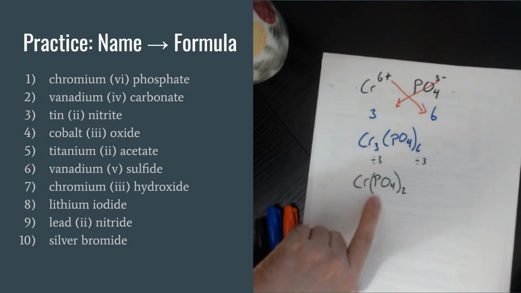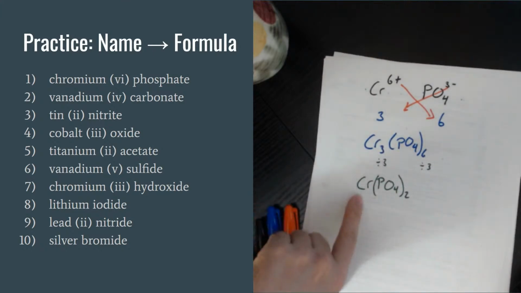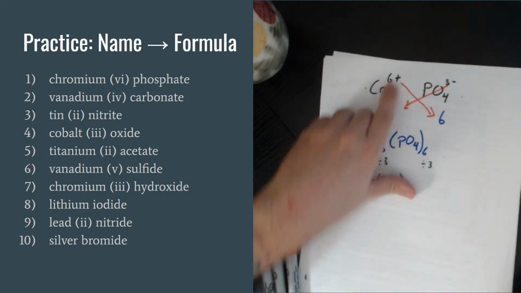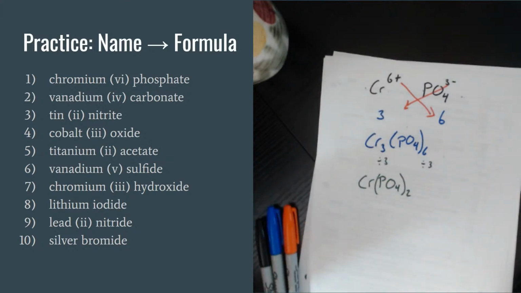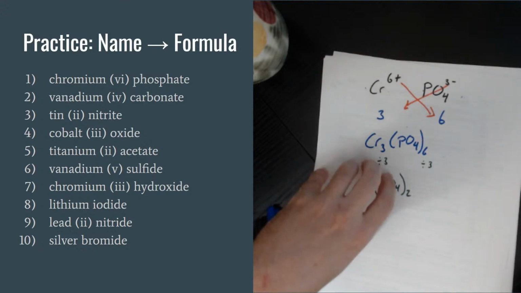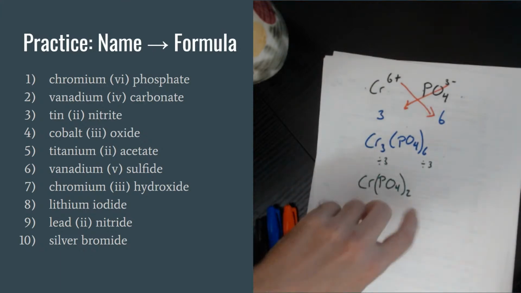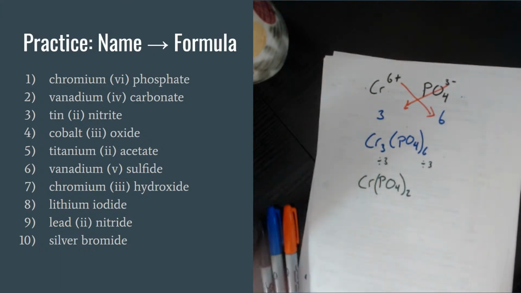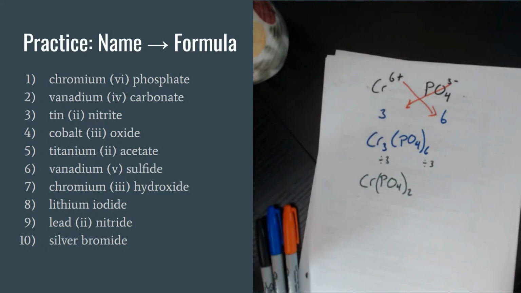What the ratio tells you is that the chromium has twice the charge of the phosphate. It takes 2 phosphates to balance out the charge of the chromium, and that's because it's 3 minus and 6 plus. So you can't bring the numbers back up in order to find the charges, but you can bring the charges down in order to get the ratio. So that's why I'm doing this part second.